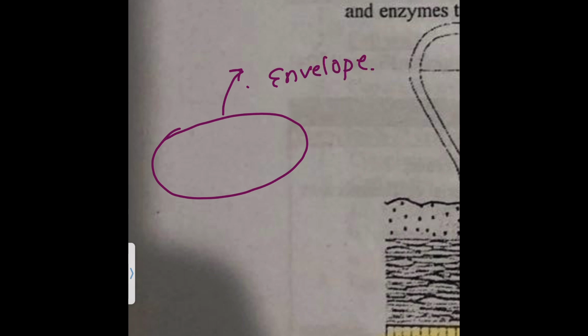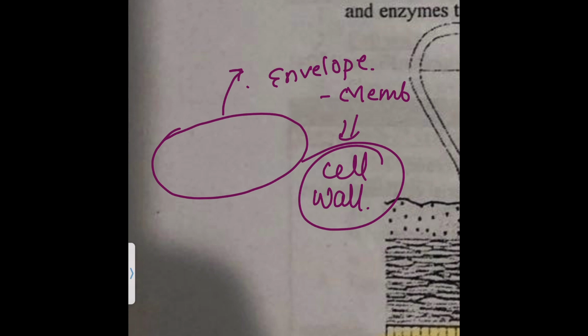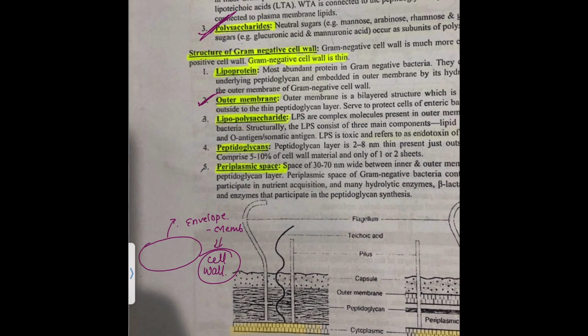Envelope minus the cytoplasmic membrane is the cell wall. So everything outside, including the cell membrane, the real inner membrane or cytoplasmic membrane, is the envelope, but envelope minus the membrane is the cell wall.